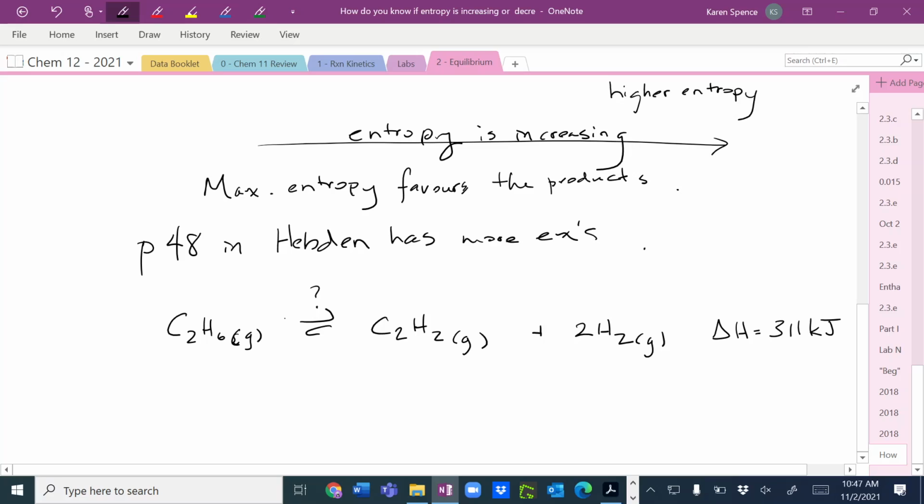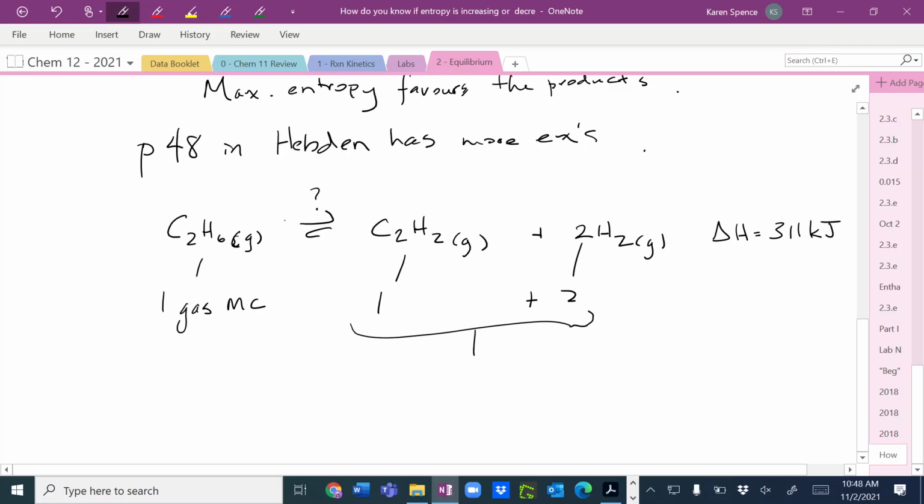We'll throw that in there just for fun as well, okay? So more particles is more random than fewer particles. So here we have one gas molecule. Here we have 1 plus 2 gives us 3 gas molecules. So in this case, entropy is increasing.